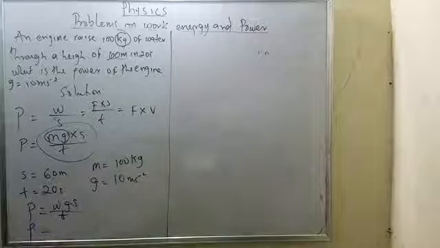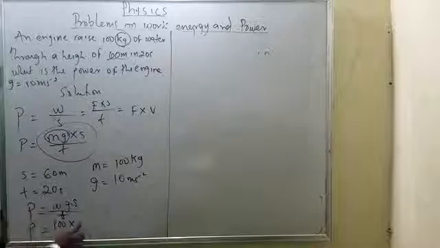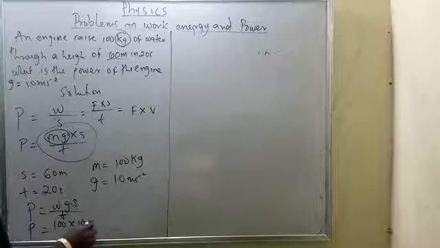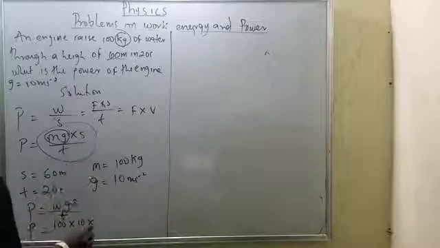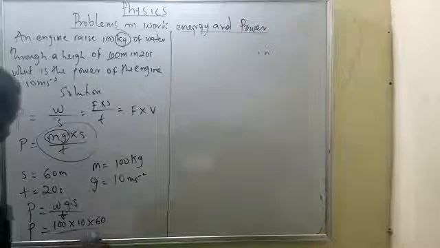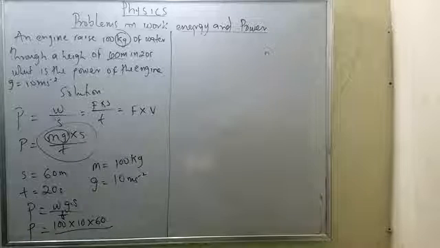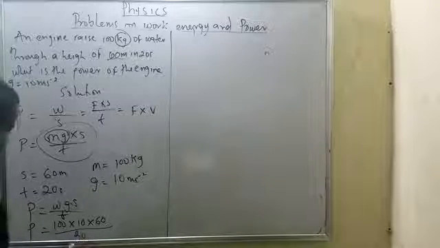My power will now be equals to 100 multiplied by 10 multiplied by distance, which is 60, divided by my time, which is 20 seconds.